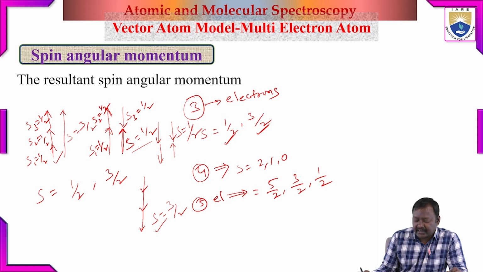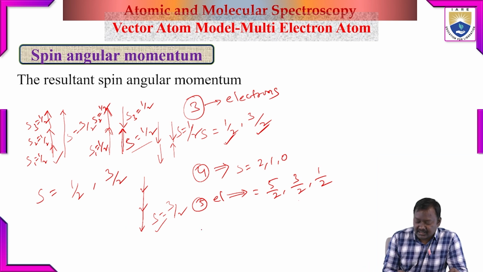So we can say that if there are an odd number of electrons in any atom, the total spin quantum number can have half odd integer values like 5 by 2, 3 by 2, 1 by 2.